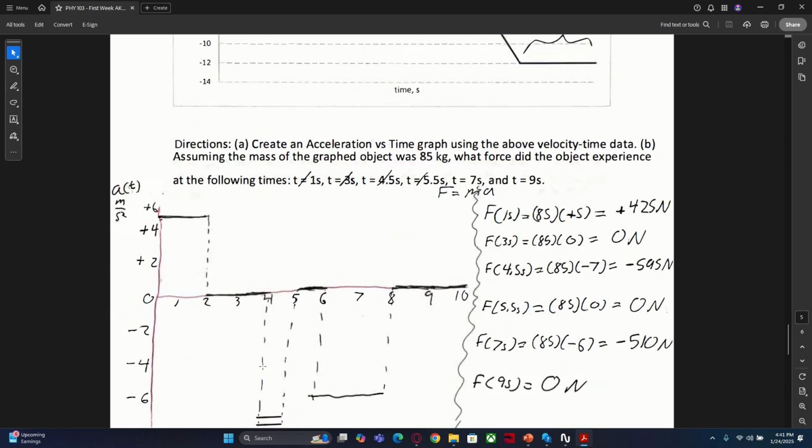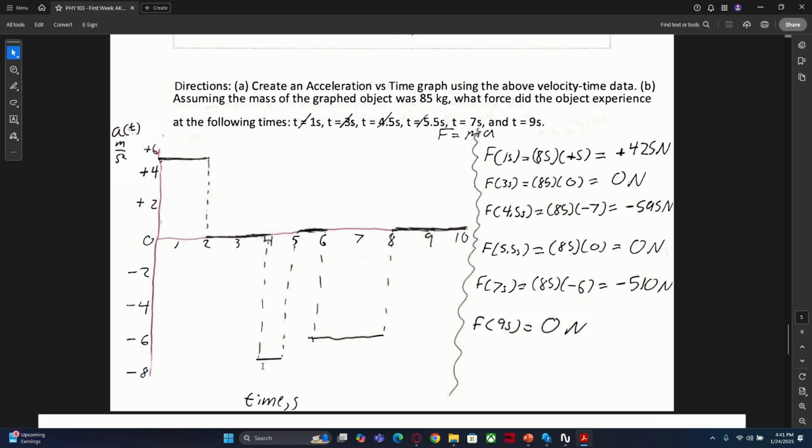Bringing those slope values, here's how I drew the acceleration plot. I have a of t for the y-axis in meters per second squared, and for the x-axis, time in seconds. Well, from 0 to 2 seconds, we were at positive 5 meters per second squared. Then between 2 to 4 seconds, acceleration should be set equal to 0.